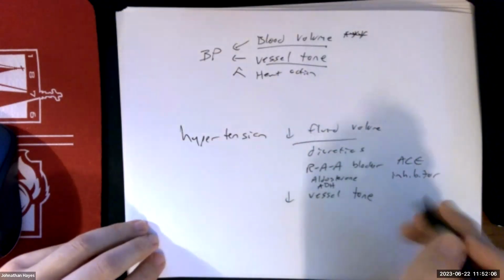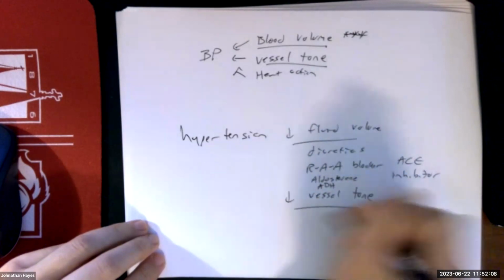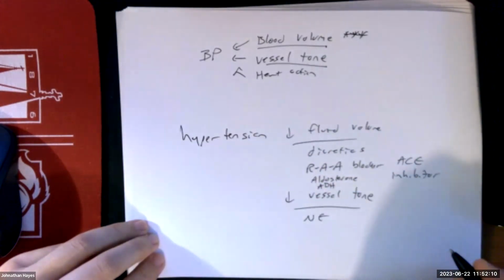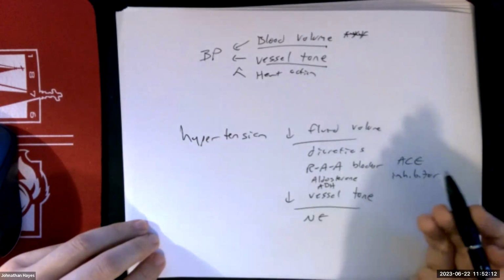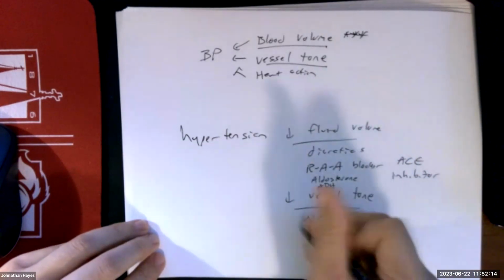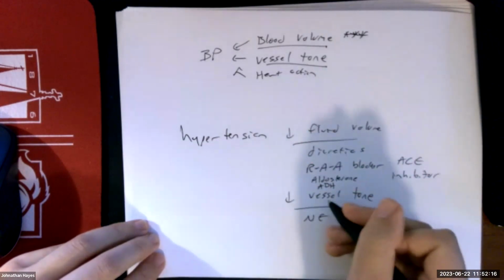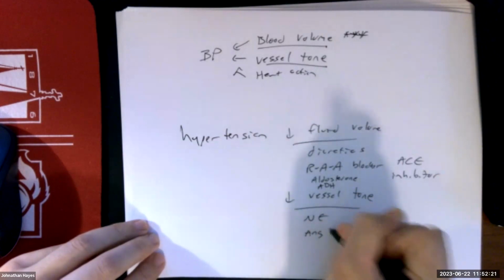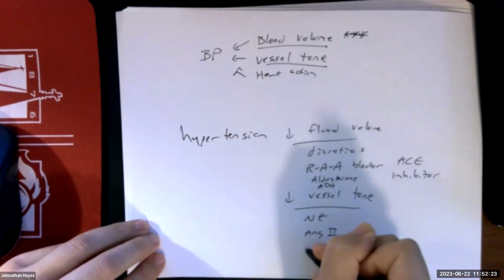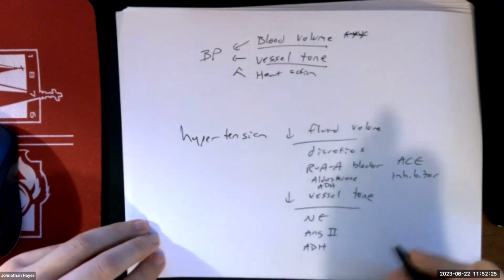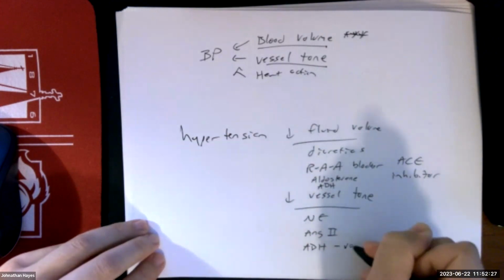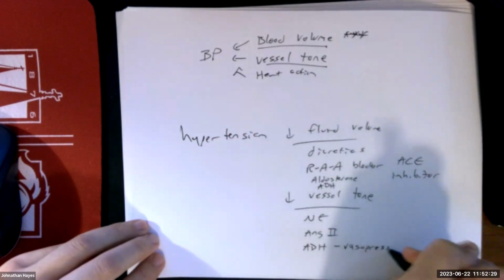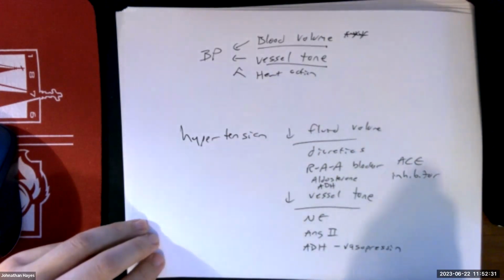But vessel tone is also going to be contributed by things like norepinephrine. So again, a beta blocker could help with that. But stronger things that contribute to vessel tone are things like angiotensin 2, which is a very powerful vasoconstrictor, and again, ADH, because the other more famous name for ADH is vasopressin, which is the strongest of all vasoconstrictors. So again, an ACE inhibitor can prevent that.